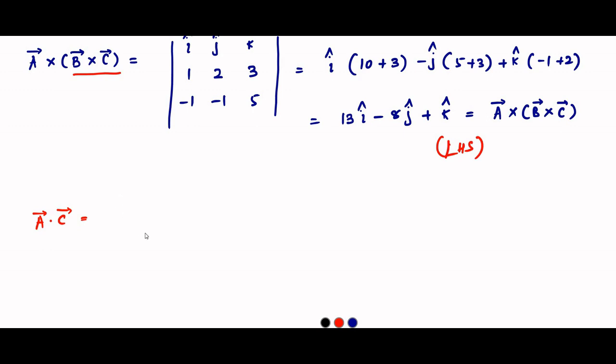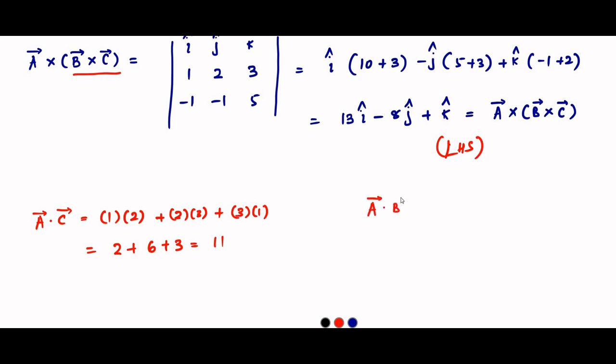So it will be 1 into 2 plus 2 into 3 plus 3 into 1. That is a vector dot c vector, which is equal to 2 plus 6 plus 3, which is equal to 11.